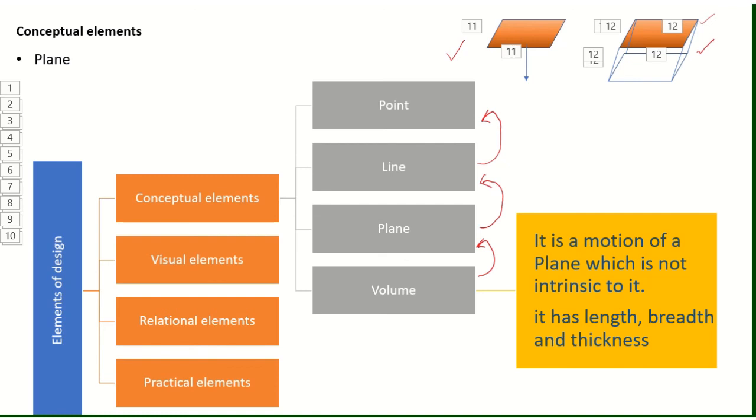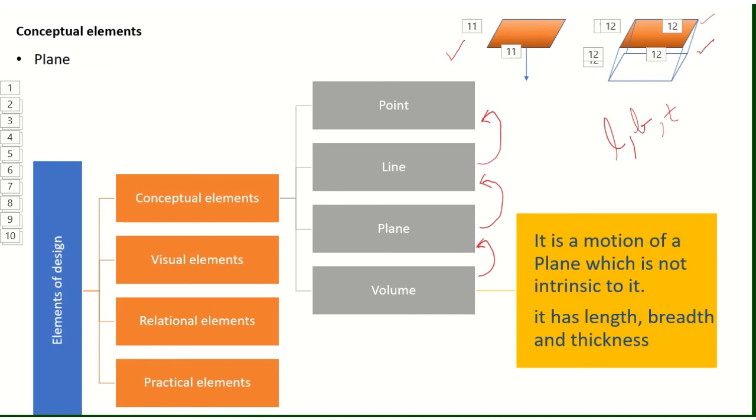Already we know a plane has length and breadth but no thickness. Here the thickness is the amount of motion of the plane. So the volume has length, breadth and thickness.